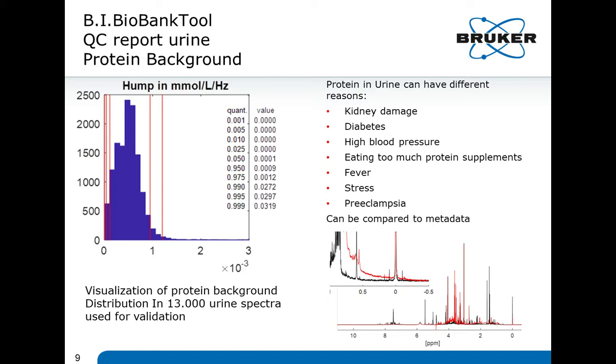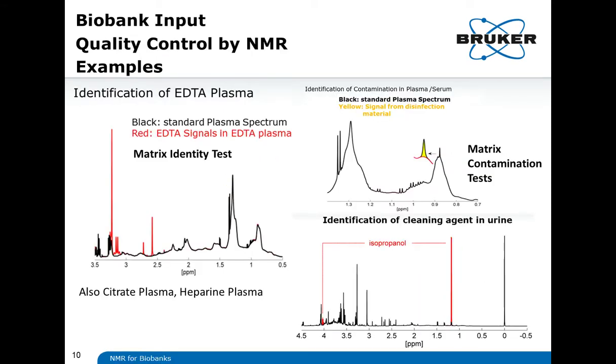You can see on the right side the spectra. It shows a sample in black which has a normal protein background, because there is in most cases always a small background. And you can see the red color: this is now a sample where we have an extensive protein background.